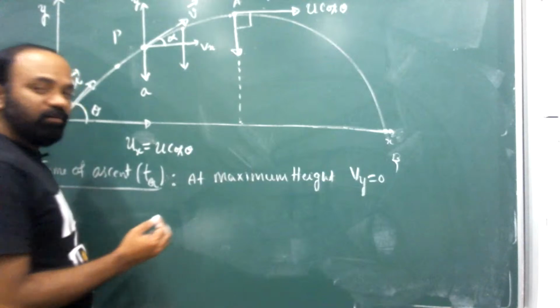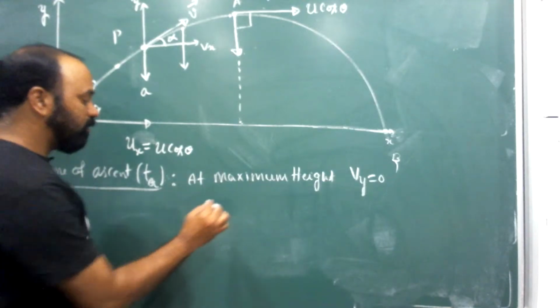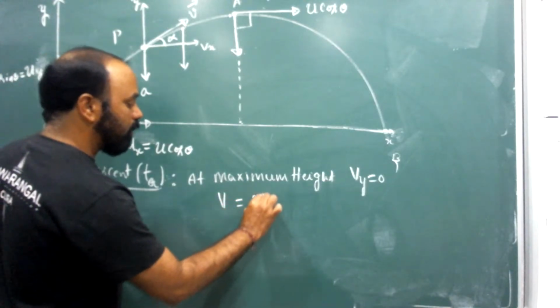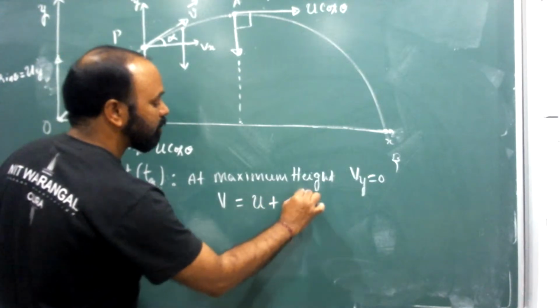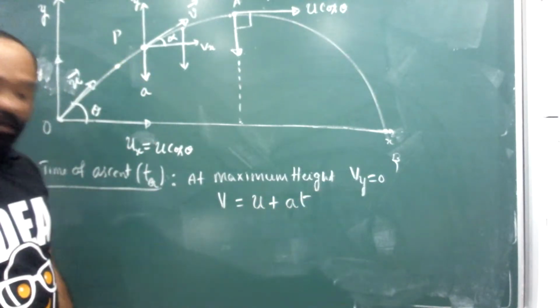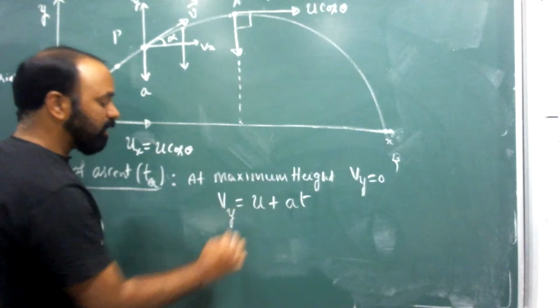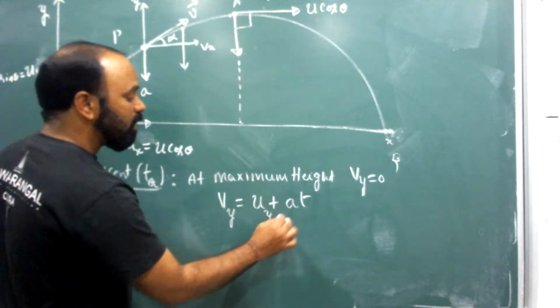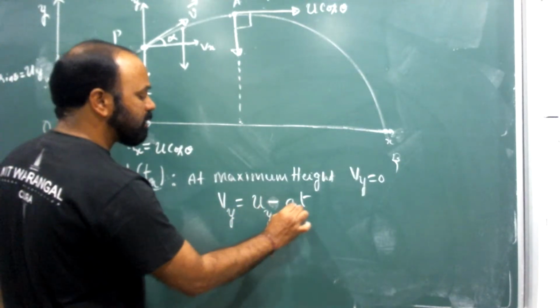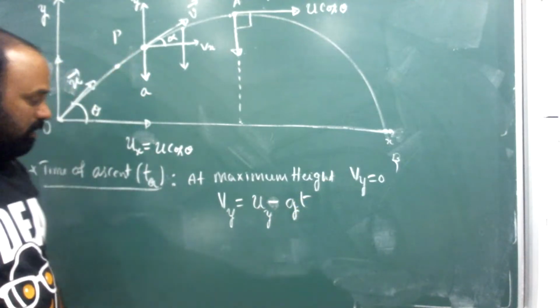Normally, what is Vy? From the first equation of motion we have v equals u plus at. I want the vertical components, so I am writing Vy, u, and a, which we can take as minus g. So it becomes minus gt.